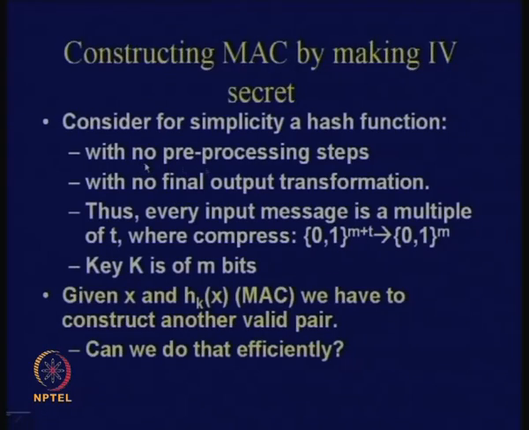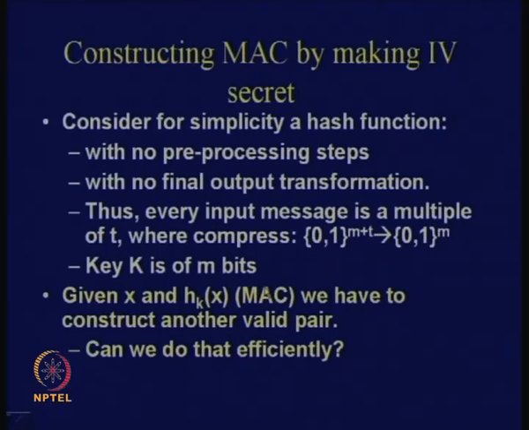It also has no final output transformation. There was one optional transformation, and suppose this optional transformation is missing in the MAC construction. Thus every input message is a multiple of t, where compress is an m plus t bit to m bit transformation, and assume that the key is also of m bits.